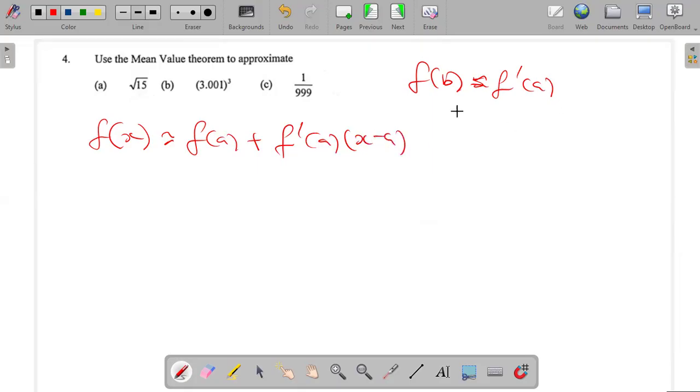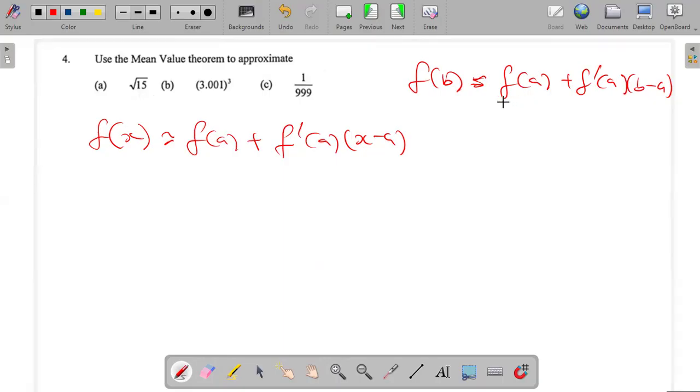I can show that this is the mean value theorem, because when you write f of a plus f prime of a times b minus a, what is this going to be?